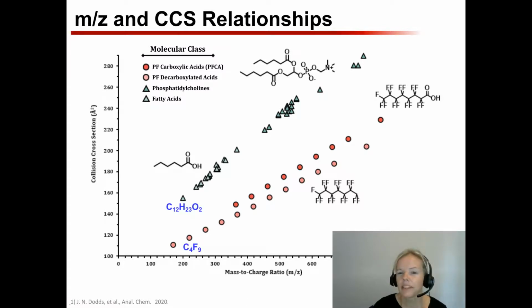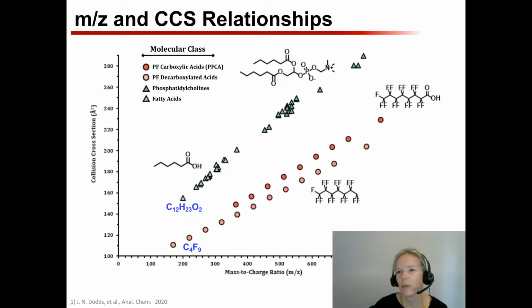And the main reason for this difference, because you might think these guys are very similar, is that fluorines have a mass of 19. So that moves them up in the M/Z x-axis, but the fluorine doesn't have that much difference in size than a hydrogen.